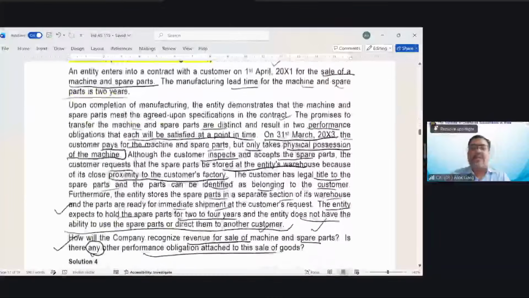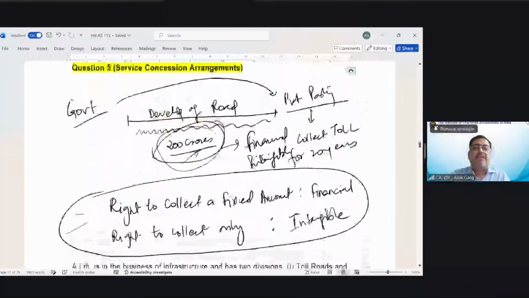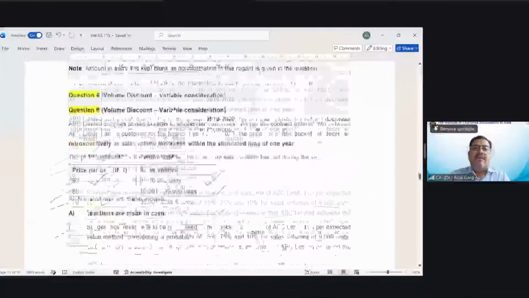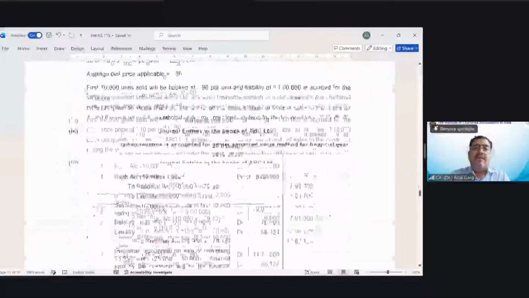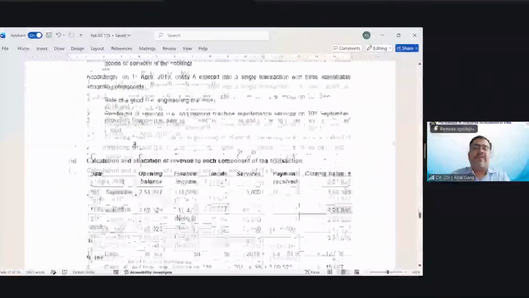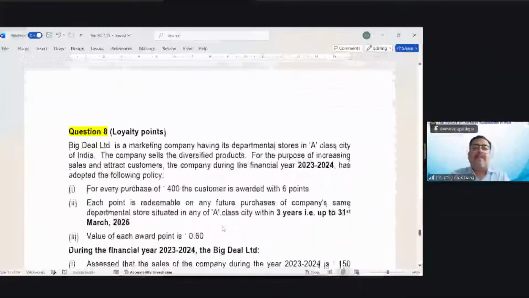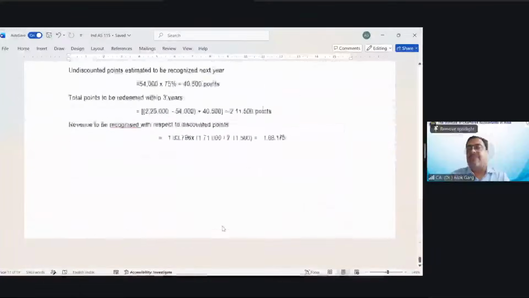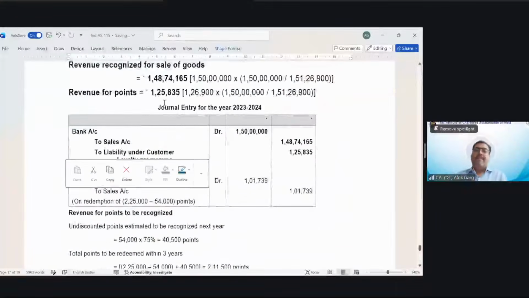Question number 4 is on bill and hold arrangements. We have covered question number 5 on service concession arrangements, question number 7 on finance component, and question number 8 on loyalty points. This is what we have covered today. I hope it is clear to all of you, my dear friends.